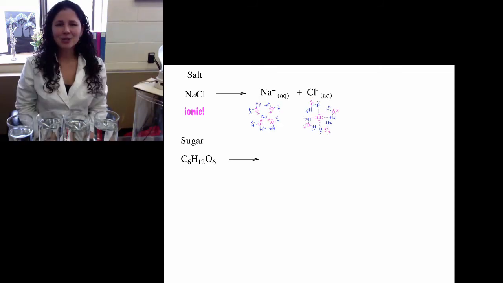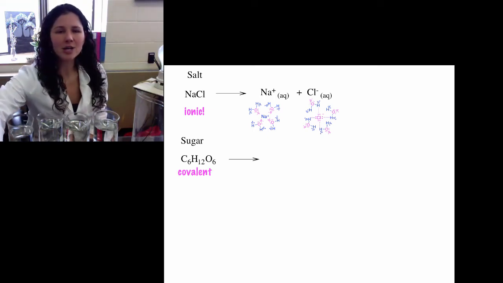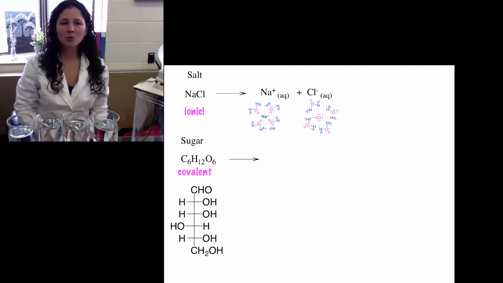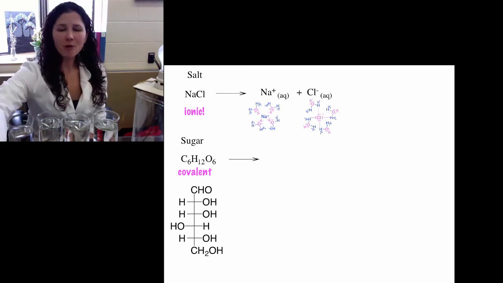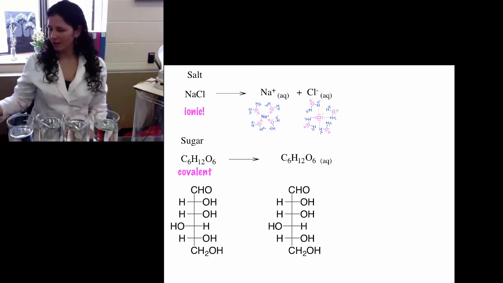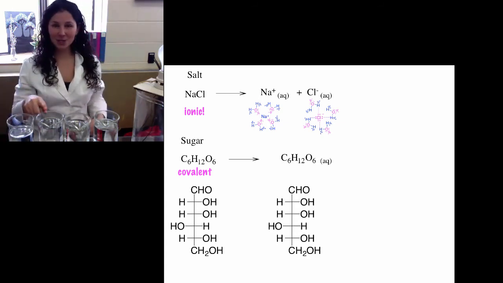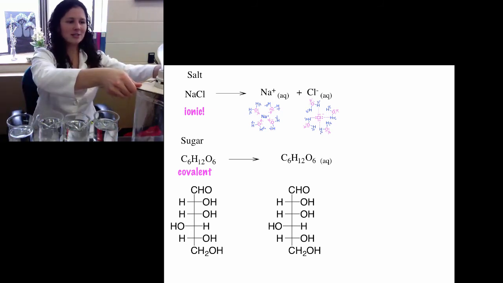Now let's look at something like sugar. Sugar is not an ionic compound. It is polar and it is going to dissolve in water, but it's not an ionic compound. When you dissolve sugar in water, the sugar does hydrogen bond, but it doesn't form ions in solution. Let's see what happens. Here's another container of distilled water.